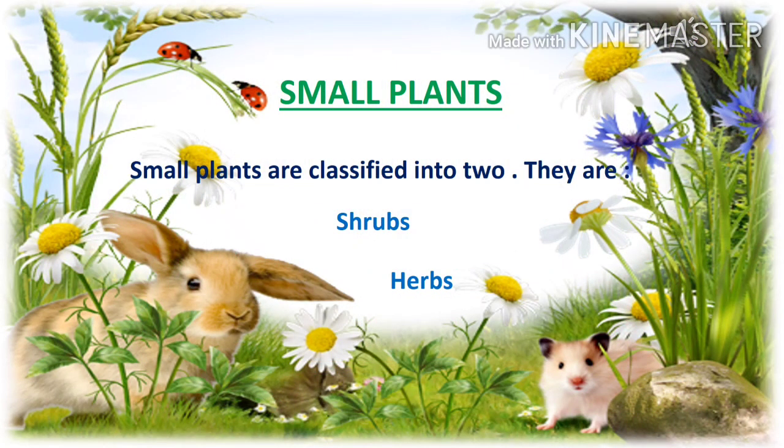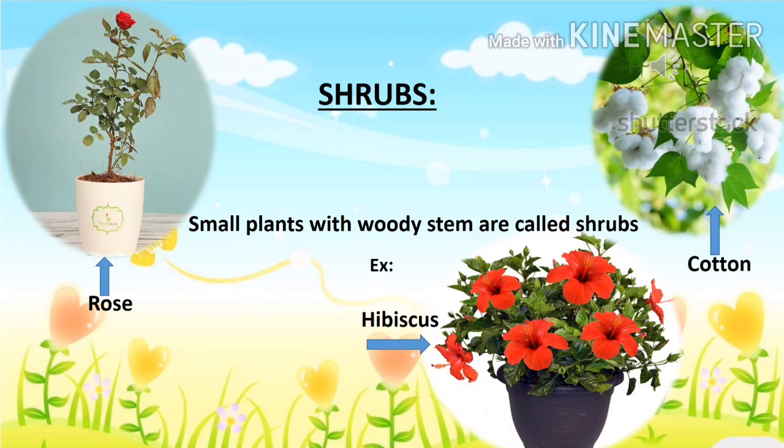Small plants. Small plants are classified into two. They are shrubs and herbs. Shrubs. Small plants with a woody stem are called shrubs.